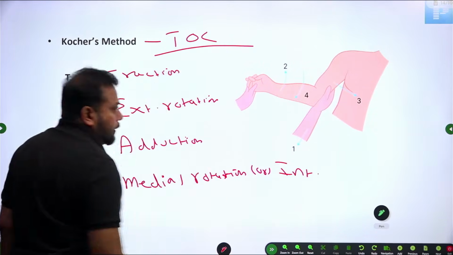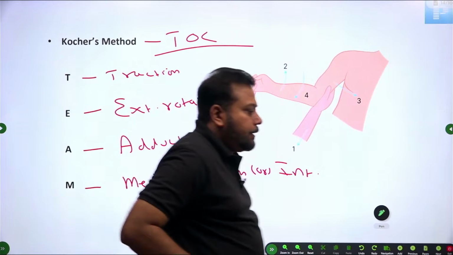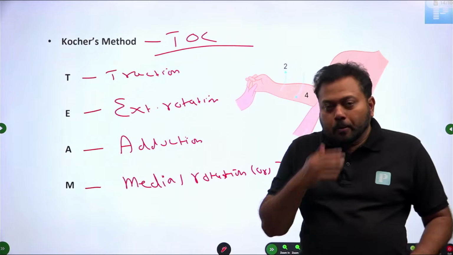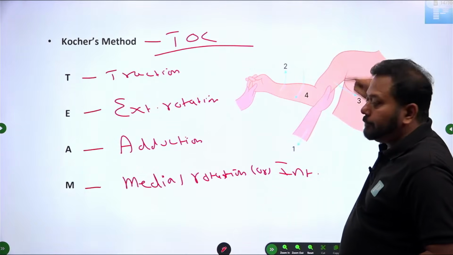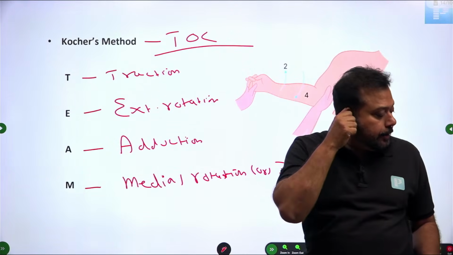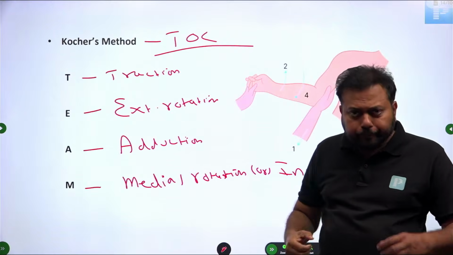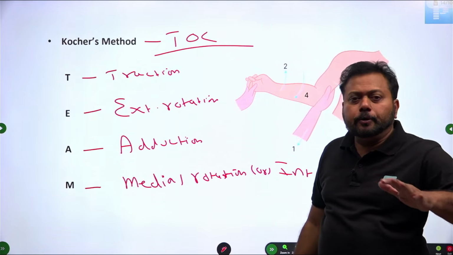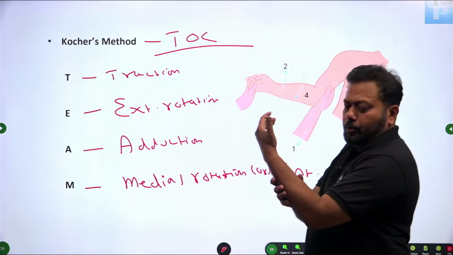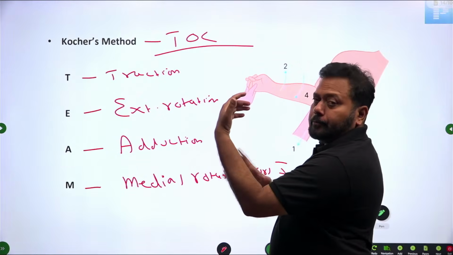Okay, internal rotation. So what is that? Patient is there. Somebody in the axilla is giving counter traction. So you see here, you just give traction.